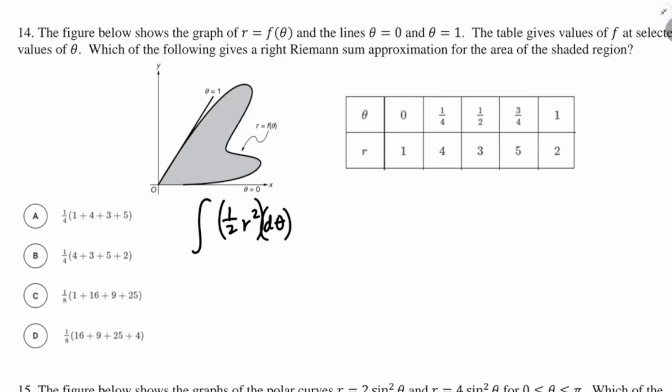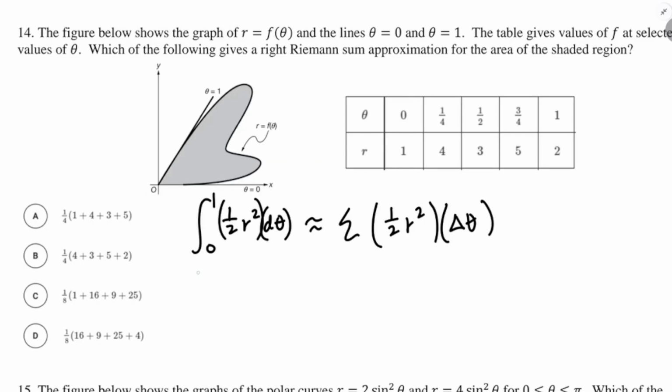D theta is going to be delta theta. So theta equals 0, theta equals 1, this is approximated by the sum of some 1/2 r squareds multiplied by some delta thetas.